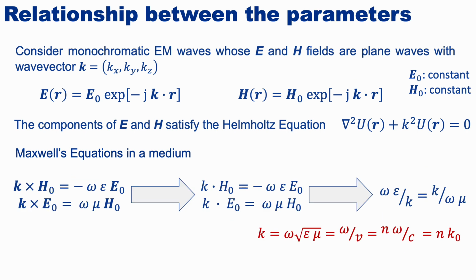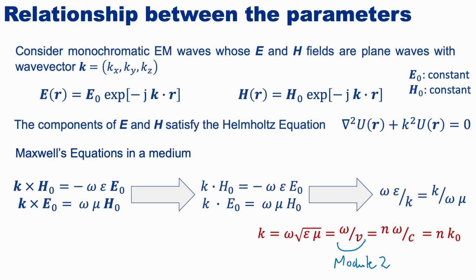If we want to draw our attention to the amplitude of the fields and how they are related to the wave number, we know that the wave number can be given as the ratio of our angular frequency to our velocity. This relationship is based on Module 2.